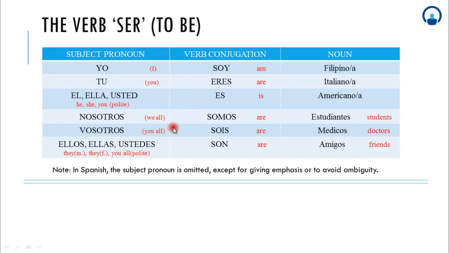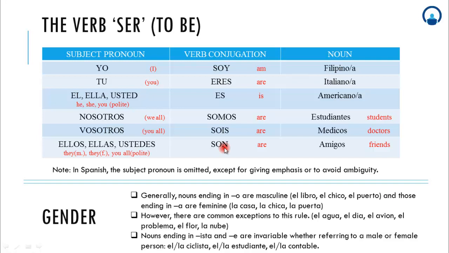Similarly with the others. Now, next we have a feature in Spanish that assigns gender to each noun. By this far we have been using in some cases that the nouns are masculine, the nouns are feminine, etc. So what does it actually mean? It is the gender. Generally, the nouns ending in o are masculine. For example, libro.